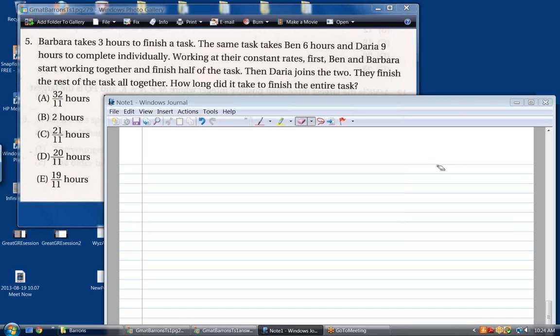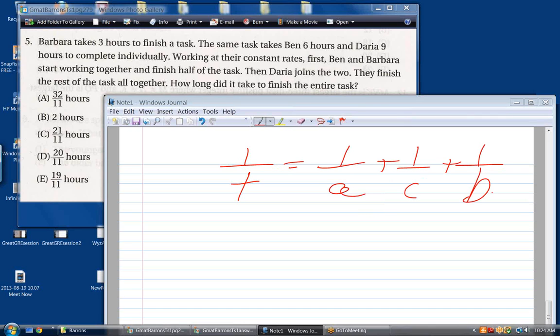Work problems. These can be very difficult, but the formula for it is 1 over t is equal to 1/a plus 1/b plus 1/c, because it's more than 2 people. Right, that is the formula.